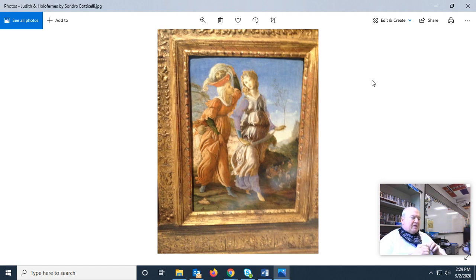Art students of that era, and still to this day, are often asked to paint a certain thing, a certain story. Today, artists are asked to paint a nude or perhaps a bowl of fruit, something of that nature. Well, the story of Judith and Holofernes was a common subject matter. And so, yes, it was by Sandro Botticelli.